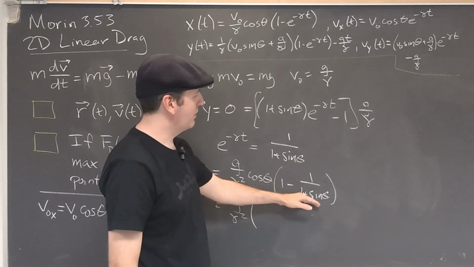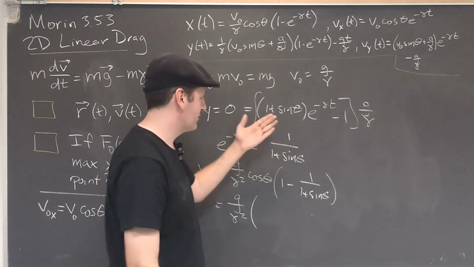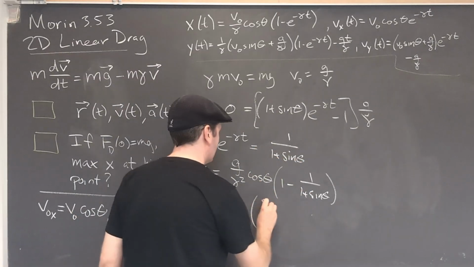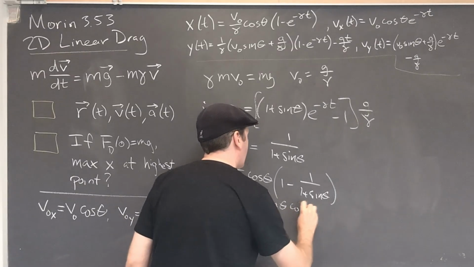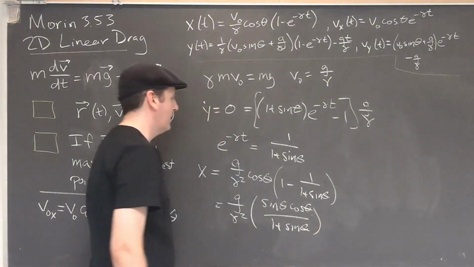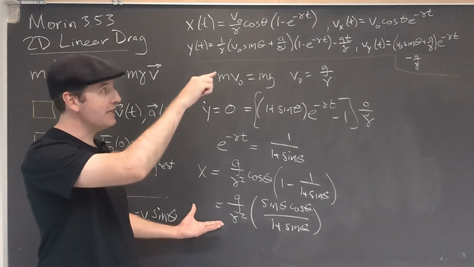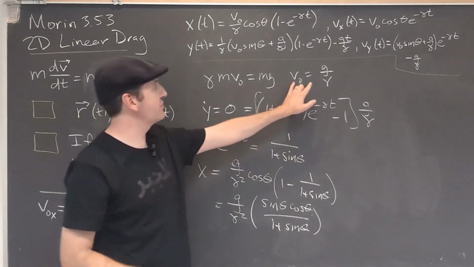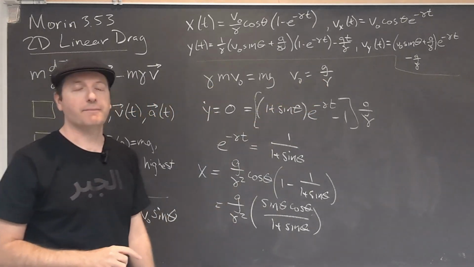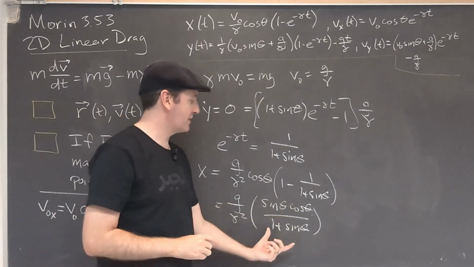So the common denominator will be 1 plus sine theta. 1 plus sine theta minus 1 will just be sine theta, and then I have a cosine as well. Okay, so this is the x-coordinate of my peak in this special case of my initial velocity being my terminal speed. Now I want to maximize this with respect to theta.